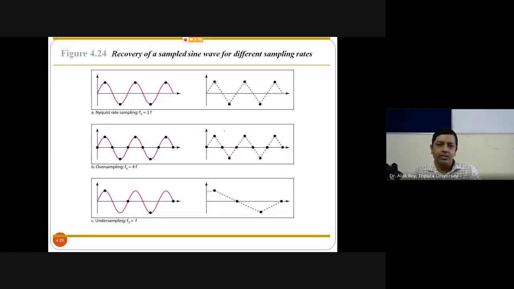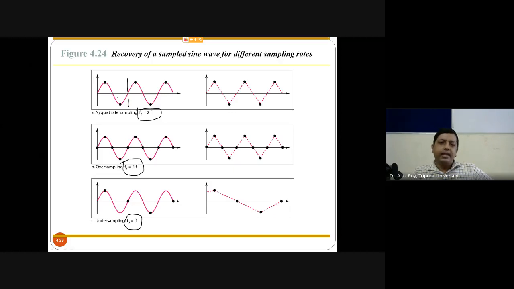Let's see with an example: if the sampling rate is fs equal to 2f, what happens? If it is 4f, what happens? If it is fs equal to f, what happens? Let's consider the first case, where the signal has frequency f.